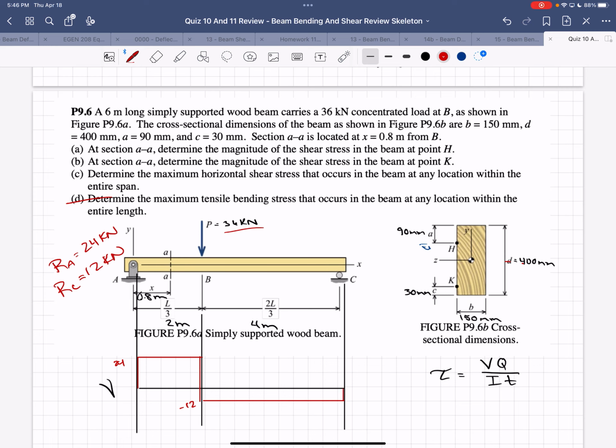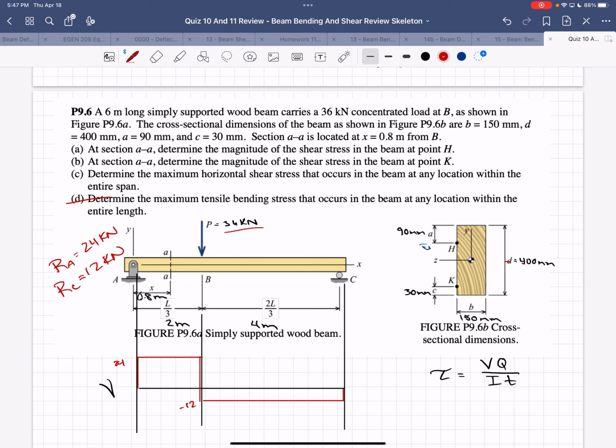Okay, so reading the problem one more time. At section AA, determine the shear stress in the beam at point K. So what is V? Sure it's not 12? 12's on the table. It's not 12. So it's where you're calculating it.